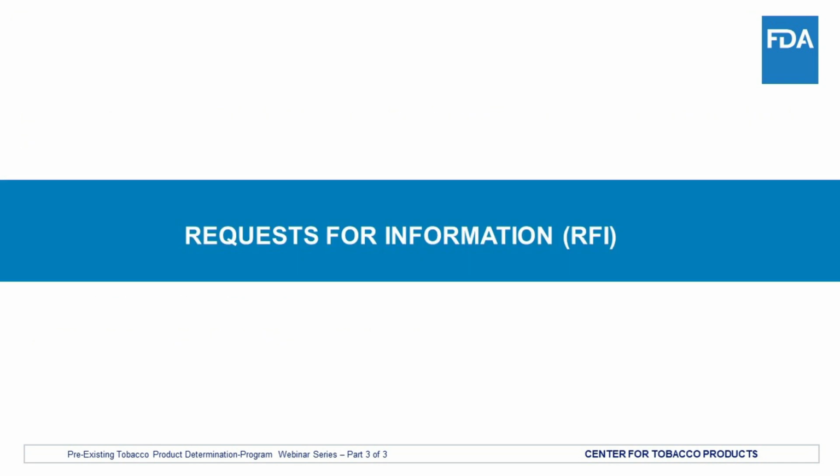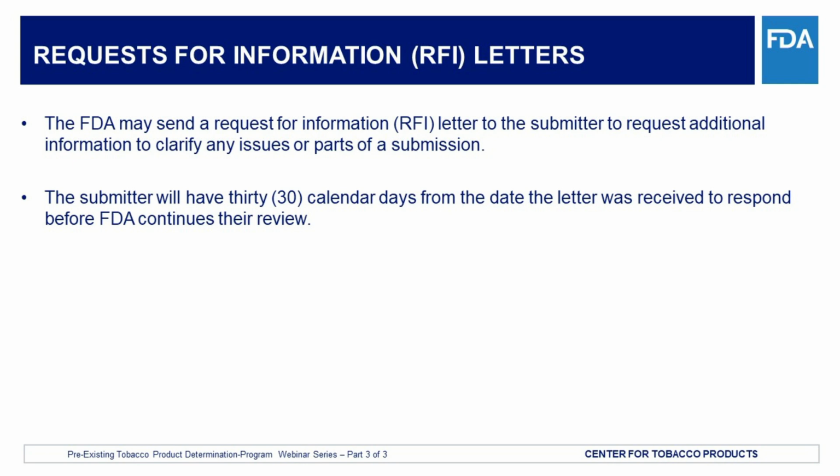Now we will discuss Request for Information, or RFI for short. During the review of the submission, the FDA may contact the submitter to request additional information, evidence, or to clarify parts of the submission in order for FDA to complete its review.